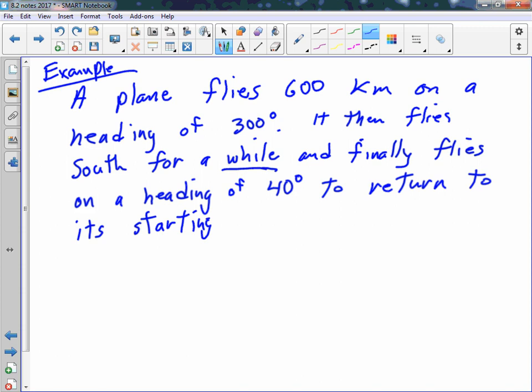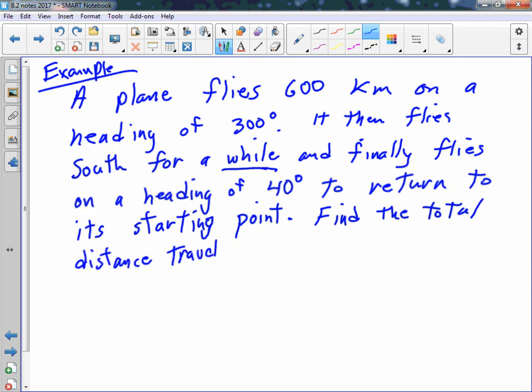Maybe this is a young person getting their pilot's license. So we'll go with that scenario. So it's someone learning to fly. And our task is to find the total distance traveled. Okay, we can do that.